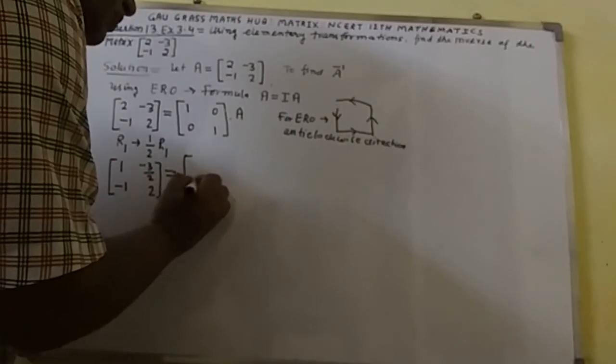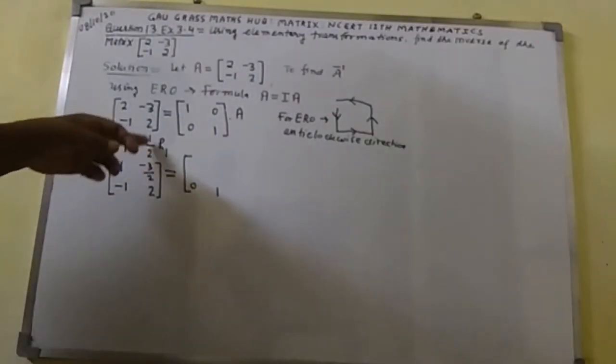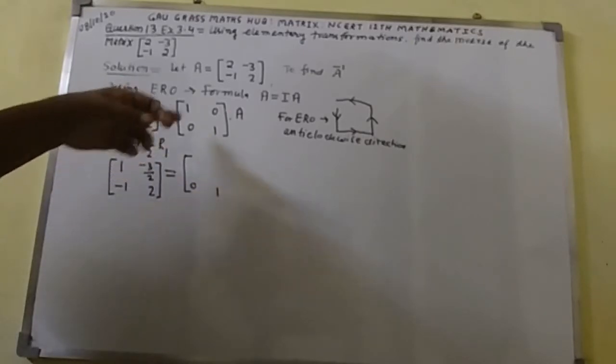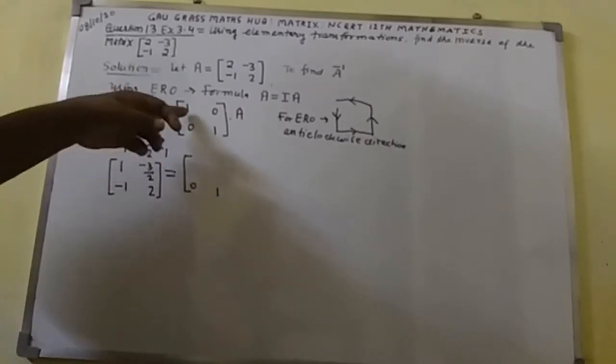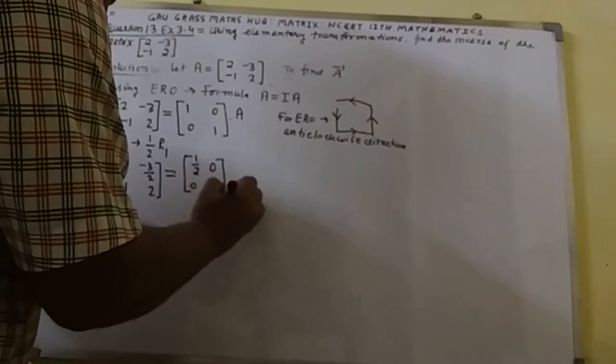The elements of R2 I shall write as it is, and only changes will occur in the elements of R1. R1 goes to 1 over 2 R1. I shall take the value of R1 here as 1, so here I shall get 1 over 2. And here in place of R1 if I write 0, 0 over 2 comes out to 0. Closing square bracket will occur. Right here capital A.